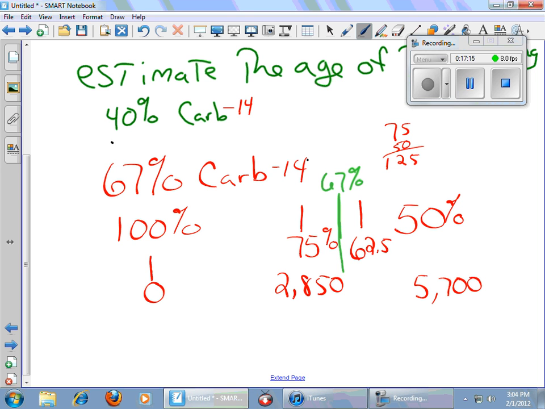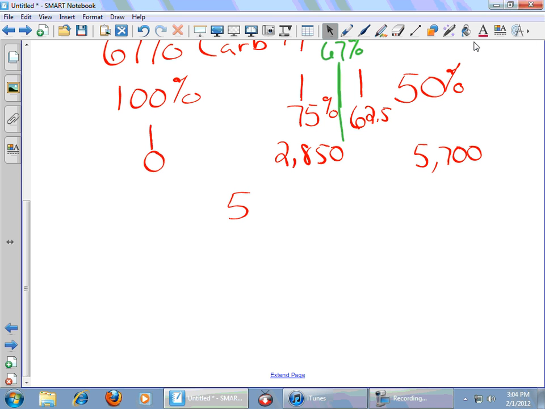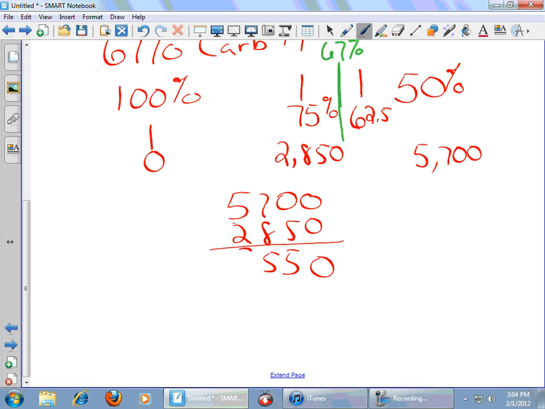Now I can add these two together, the 5,700 and 2,850, and then I'll divide by 2.